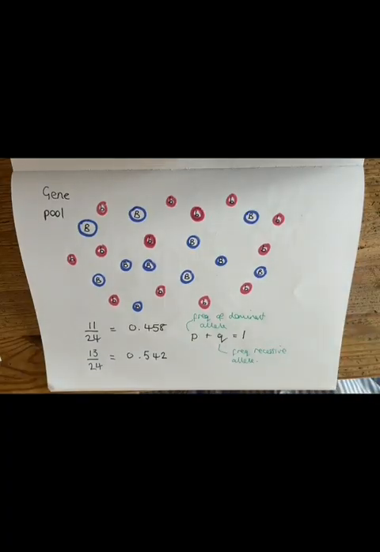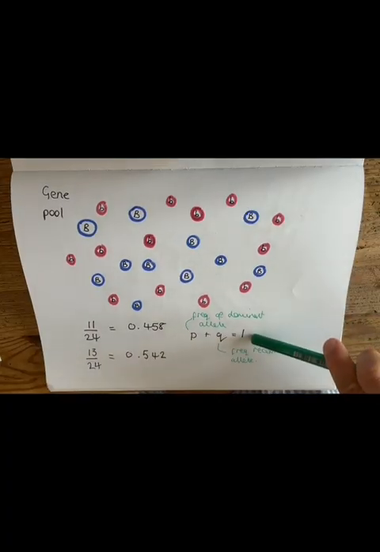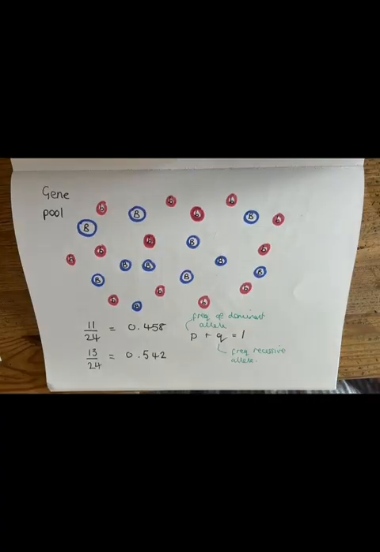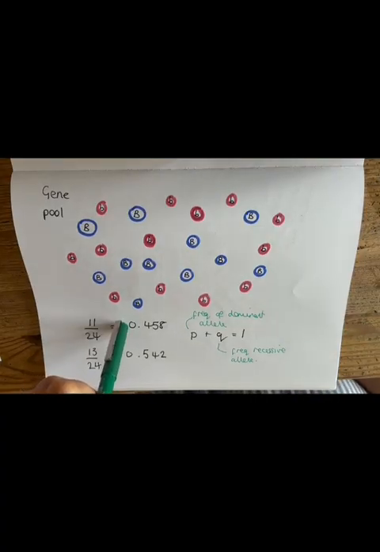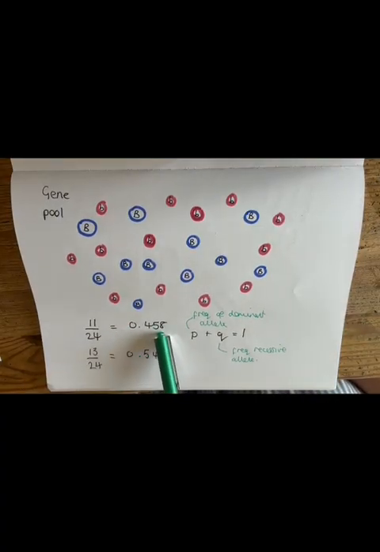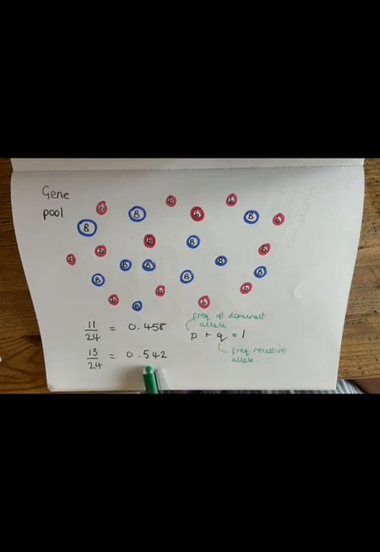And they are going to equal 1, i.e. 100% of the population. So actually, when we calculated p here, we could have done 1 minus 0.458 to calculate q, which would give us the same answer.